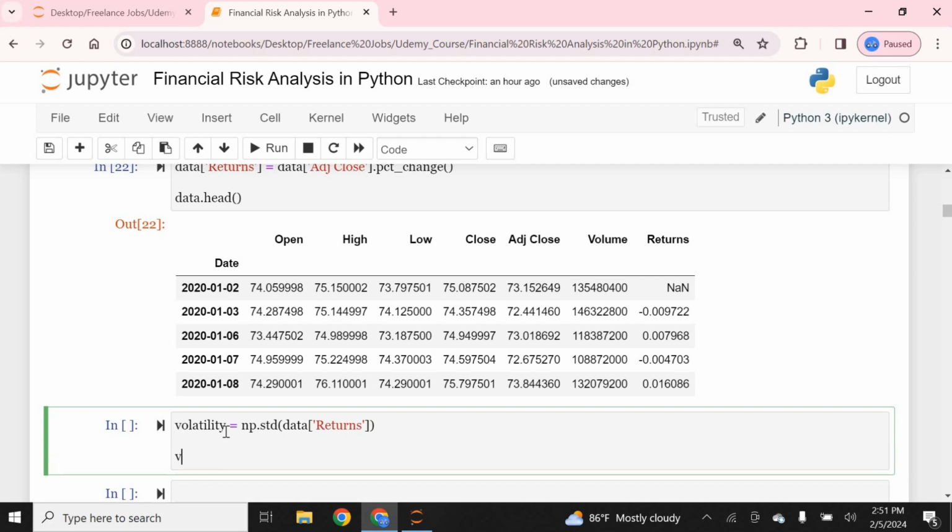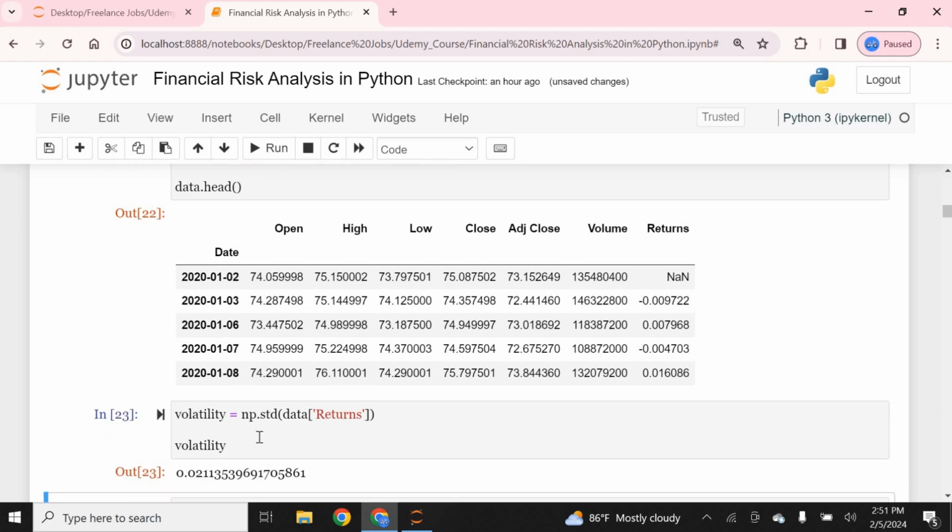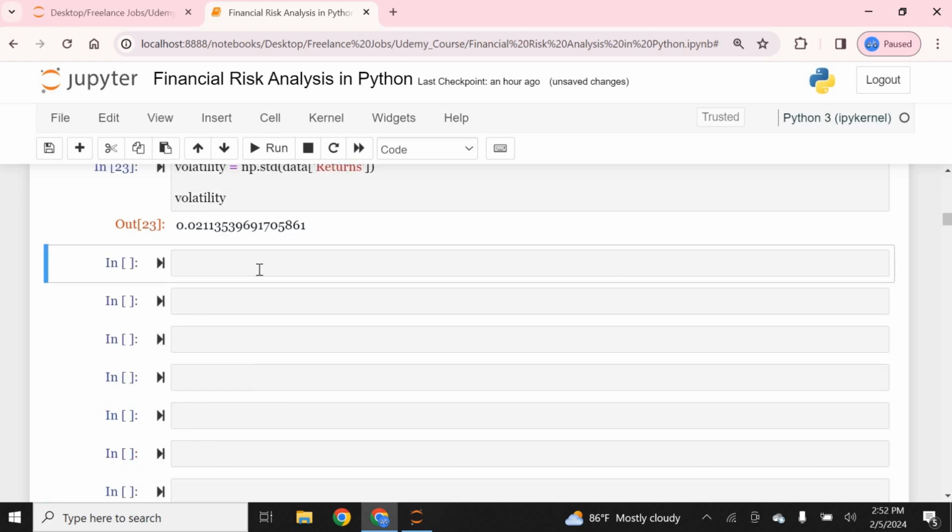Let's see what we have. Okay, so this is the value for the volatility. We're going to be interpreting it later under the insight derivation. So just follow as we are calculating these parameters, because these are the parameters that you need to interpret how Apple and S&P 500 have been doing for the past 3 years.